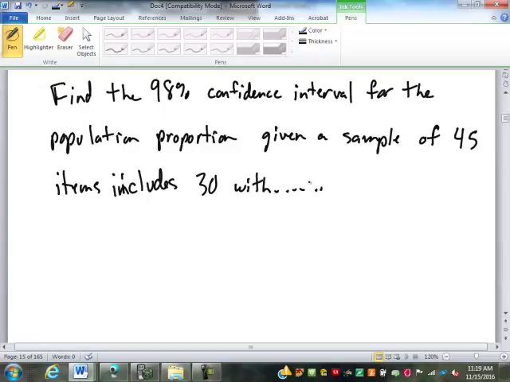So whenever we're dealing with a confidence interval for a population proportion, it is always a z interval.